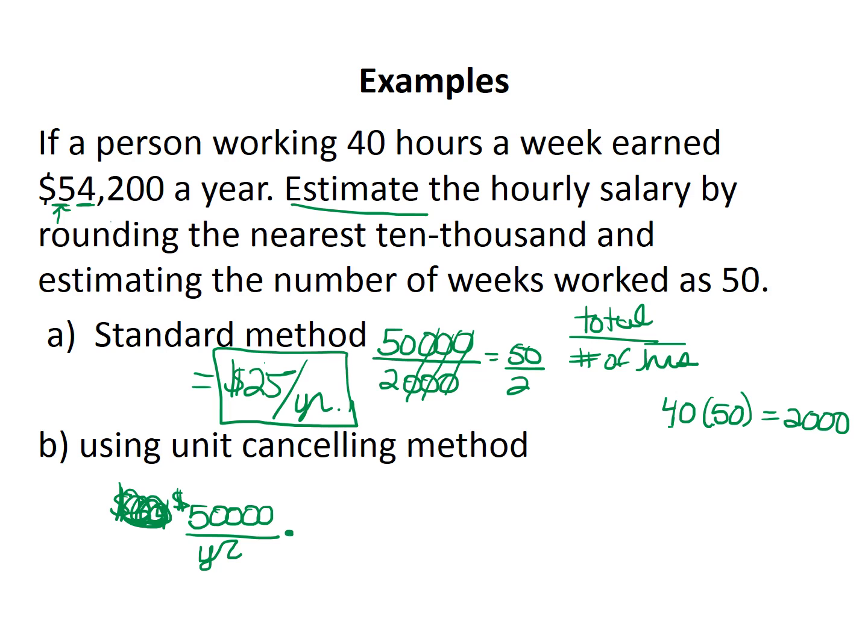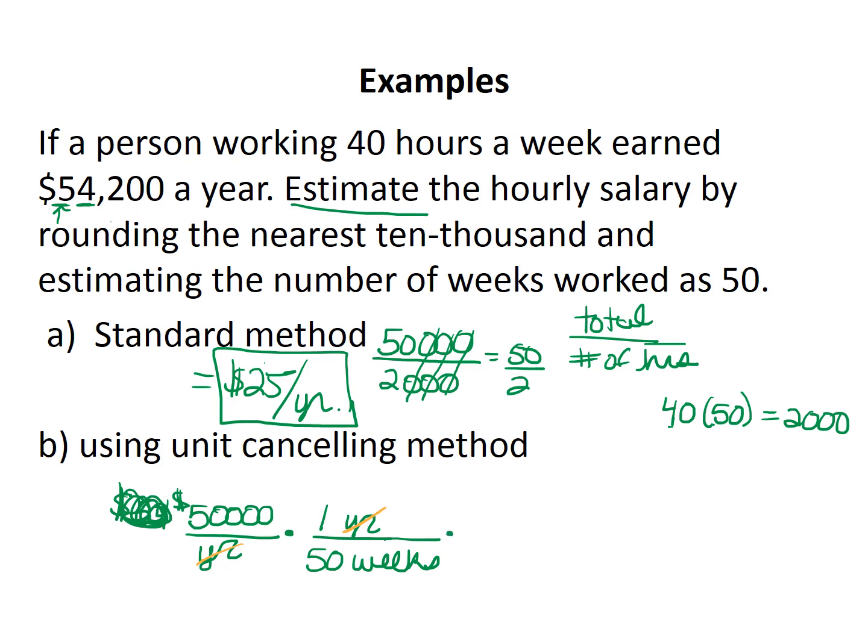And again, in the end, you want it to be dollars per hour. So you're going to want to get rid of the years in the bottom. And you're going to convert, so you want the 1 year on the top, because the 1 year will cancel with the top and the bottom. 1 year is 50 weeks, right? Because then this will cancel with this.